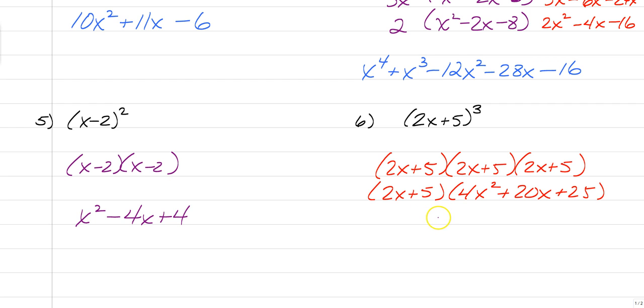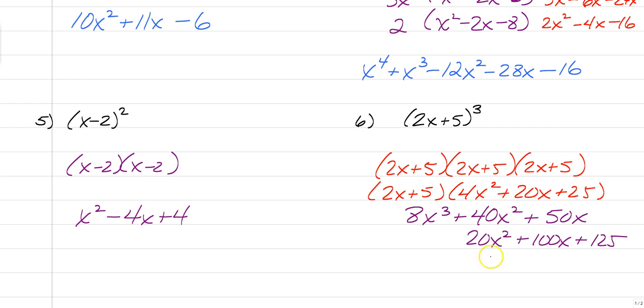And now you have to multiply or distribute the singular terms as I showed you in the last problem, whatever makes you feel better. So when we multiply 2x to everything, you're going to have 8x cubed plus 40x squared plus 50x. Once you distribute the 5 into all three terms, you're going to have another 20x squared, 100x, and 125.